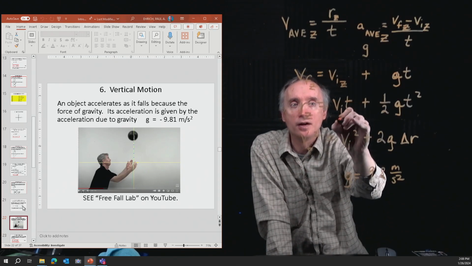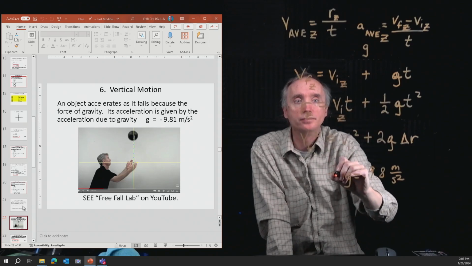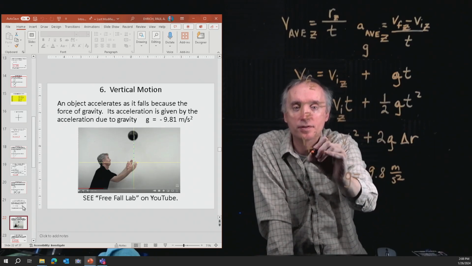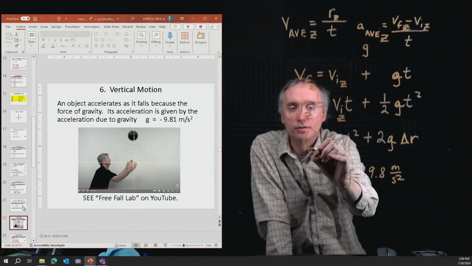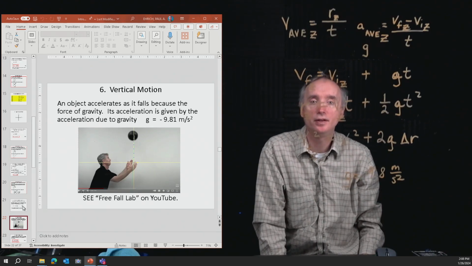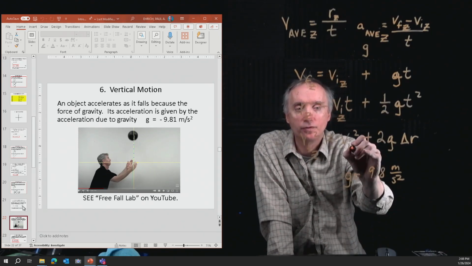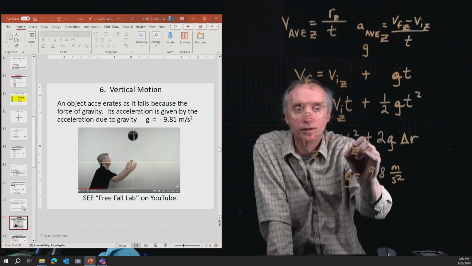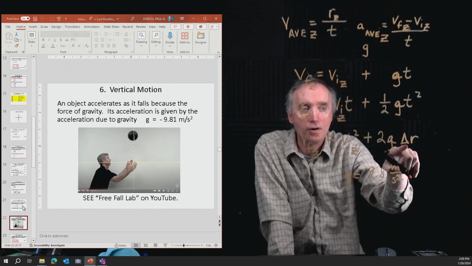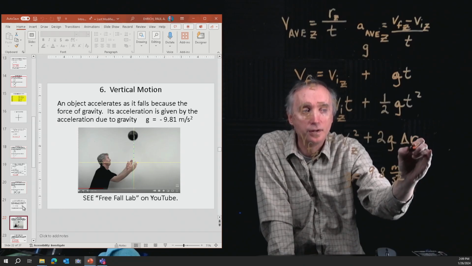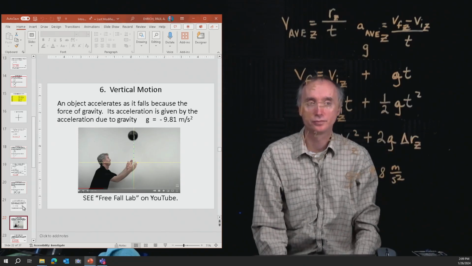And then this is the velocity in the up and down direction. And then we can do this as well. So this would be the final velocity in the up and down direction, initial velocity in the up and down direction. And now this R is in the up and down direction.